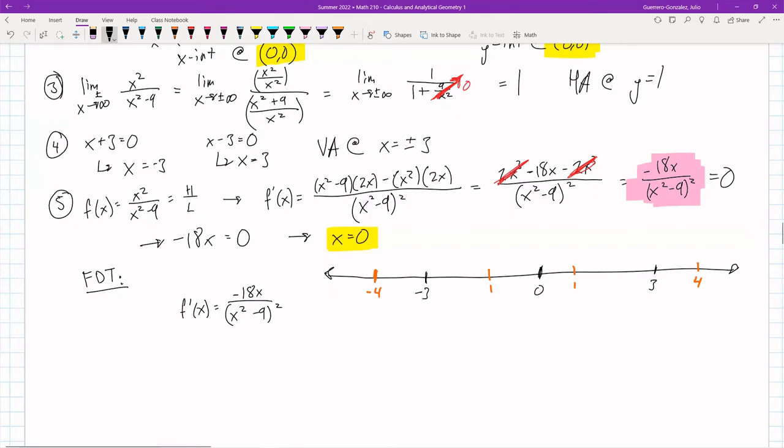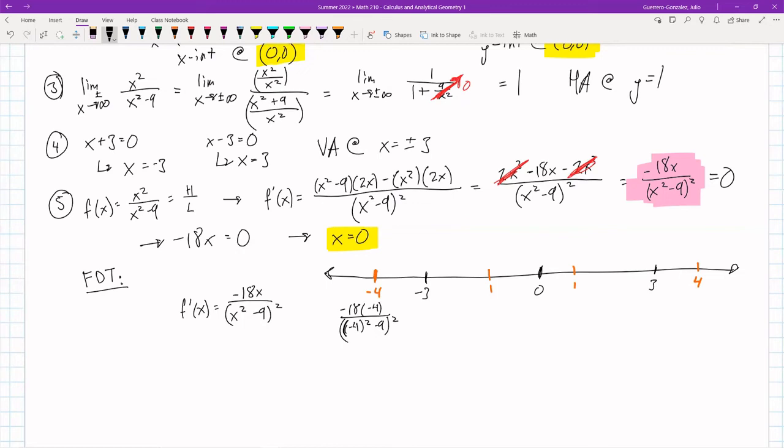All right. So when I plug in the -4, it's going to be -18 times -4 all over (-4) quantity squared minus 9, and all of that squared. So this is going to be something. 16 minus 9, that's something. My arithmetic ain't too good. Let's try the top, 18 times 4.